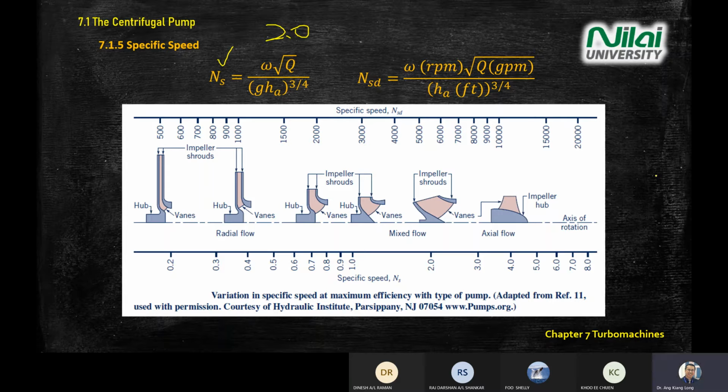In your calculation, if you get NS is 2.0, by looking at this chart, what kind of pump are you using?